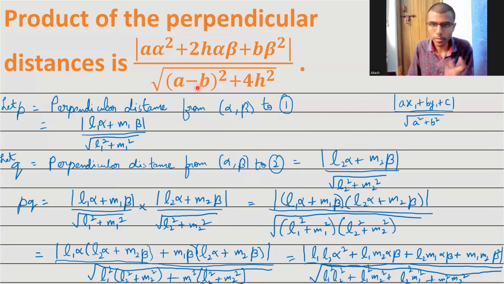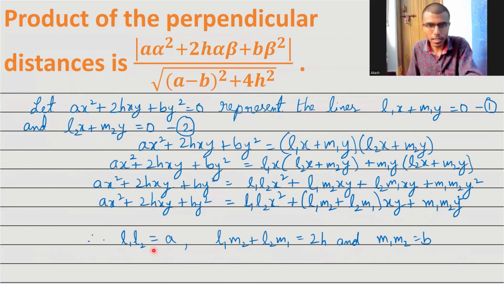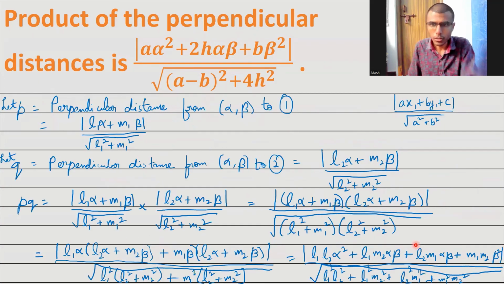Here A is L1 L2, and B is M1 M2. So I need to convert this to something of the form L1 L2 minus M1 M2 whole square. And next, this one also I need to convert to L2 M1 plus L1 M2 whole square.